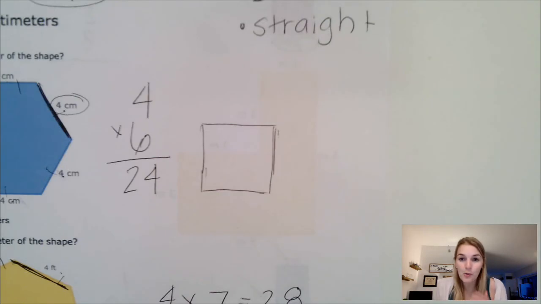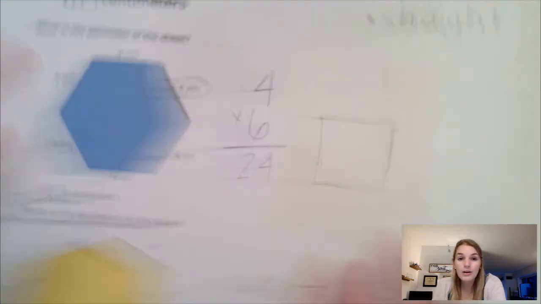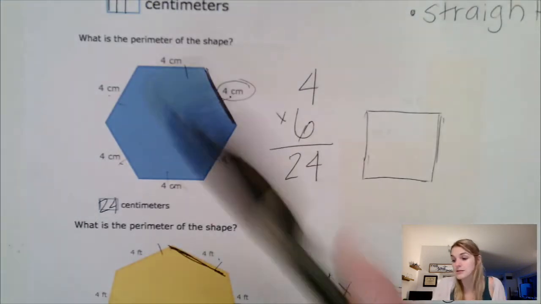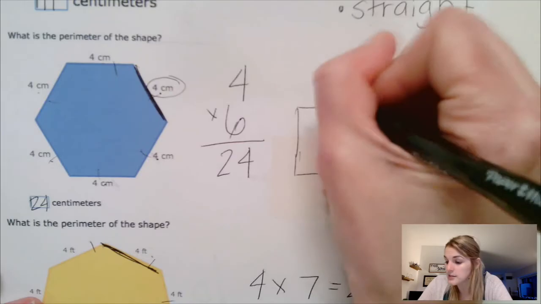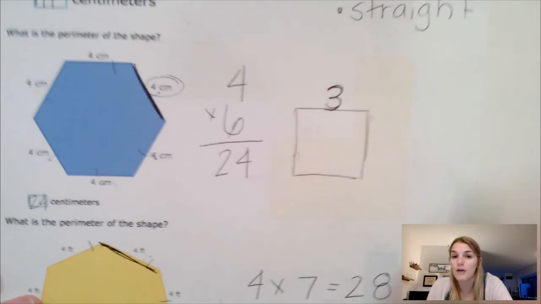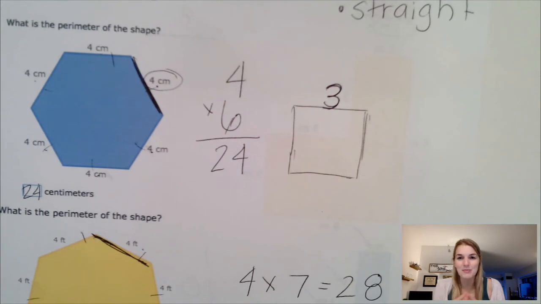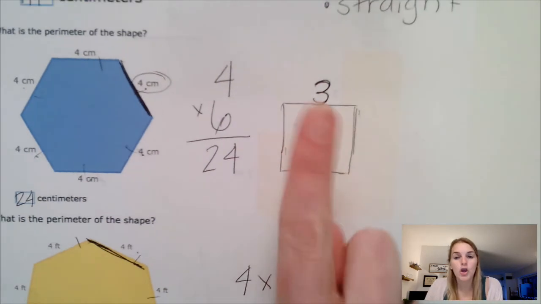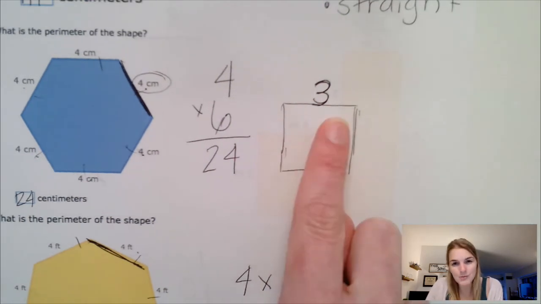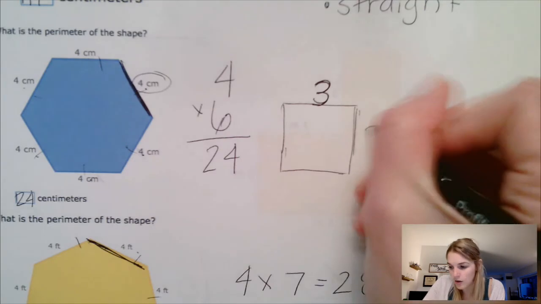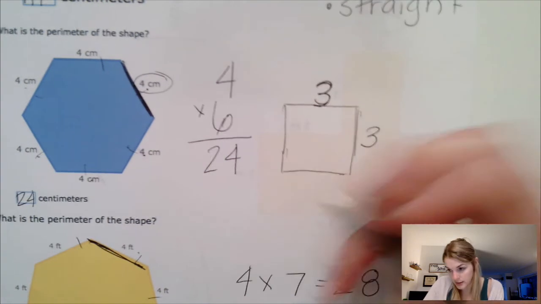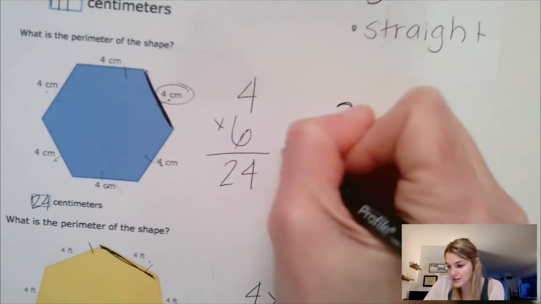The other thing I want to go over, and we talked about this a little bit yesterday, is when you have shapes like a square or a rectangle, and even on these heptagons and on the hexagon, if it gives you the side of a shape where all the sides are the same length, if it just gives you one, you know that if this is 3, then this side is also 3, and this side is 3, and this side is 3.